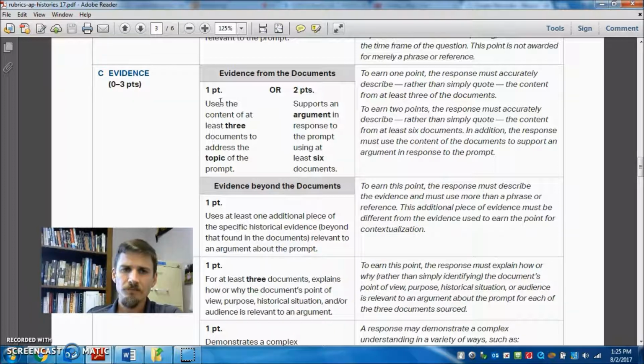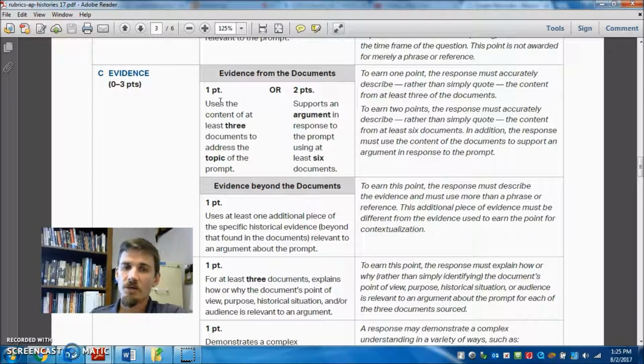So notice that for the 1 and 2 point, you need to address at least 3 documents in order to get 1 point, and then to extend it beyond and get that 2 points, you need to use at least 6 documents. So it supports an argument in response to the prompt.